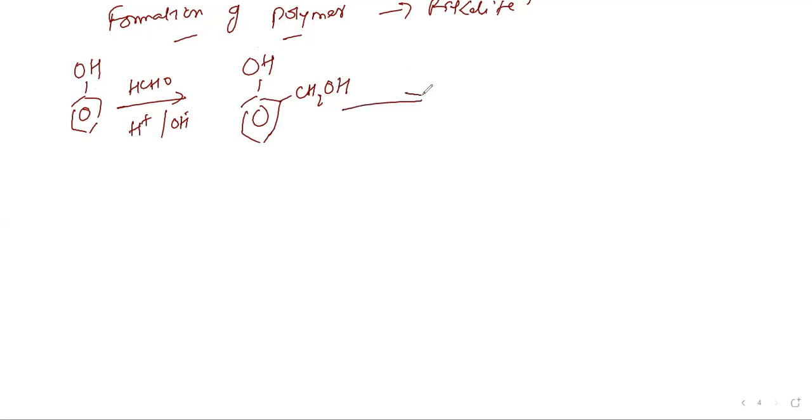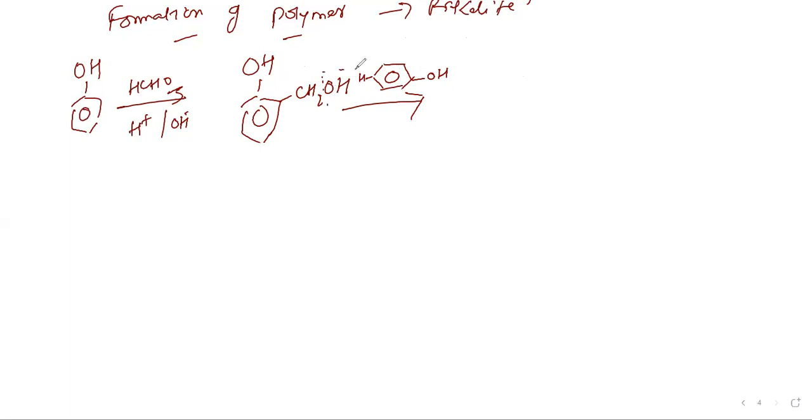Now, if you take excess of formaldehyde, then many phenol rings you will see interlinked via methylene groups, CH2 groups, right? This will get formed, right, which will react with your phenol, right? You have OH here and you have H, right?